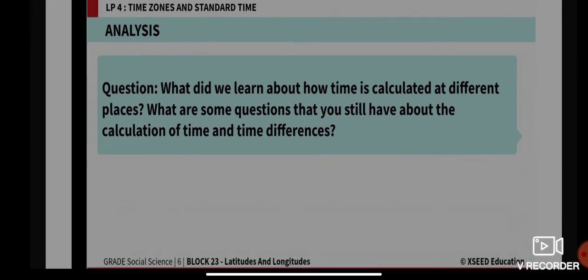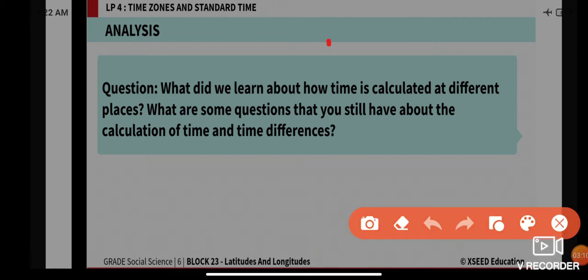So what did we learn about how time is calculated at different places? We have learned about longitude and latitude, right?